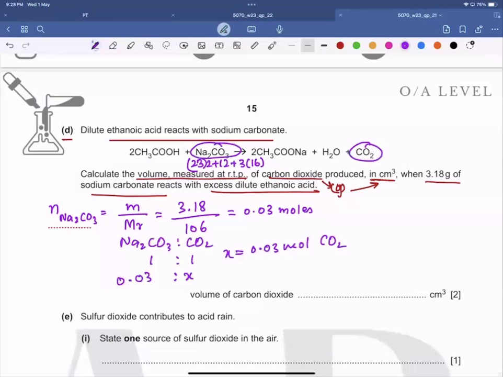Now, if we have to find the volume of a gas, the volume of gas equals its moles multiplied by 24 dm³ or 24,000 cm³, as they have given you cm³. So you will multiply it by 24,000 cm³. So 0.03 multiplied by 24,000. Can anyone now tell me the answer, please?